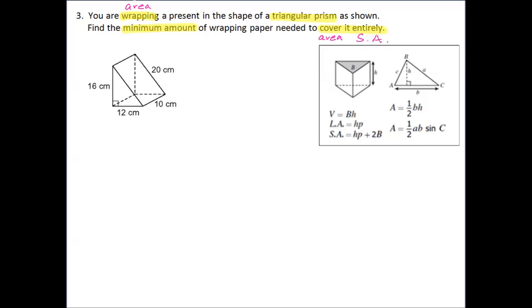The surface area of a triangular prism is given to us on the formula sheet. Here it is. Surface area is equal to HP plus 2 capital B. H is the height of our prism. Now, what is the height? We have several side lengths given here. Be sure to remember that the height is the side that connects the two bases.